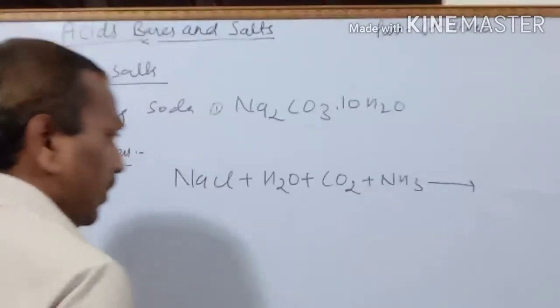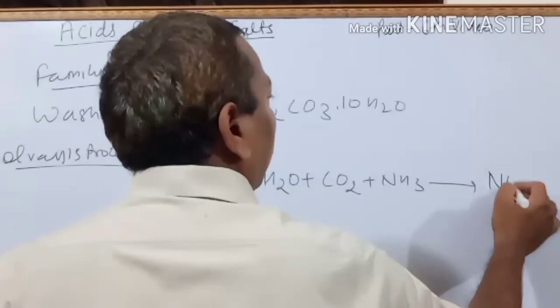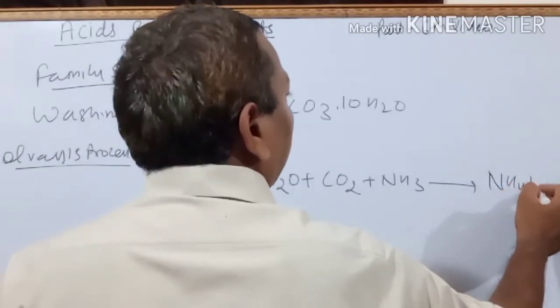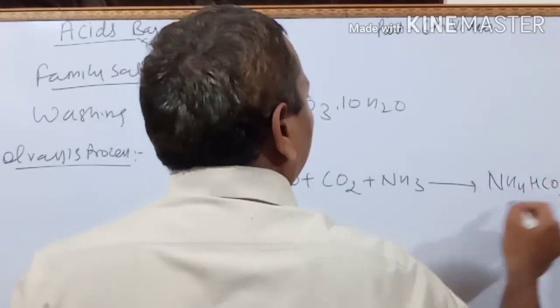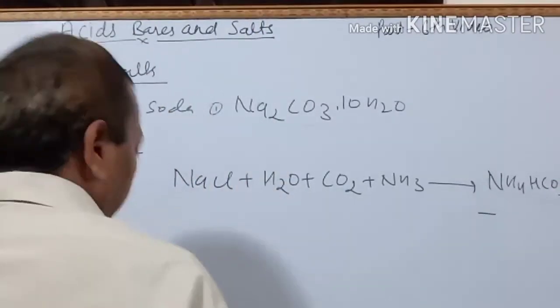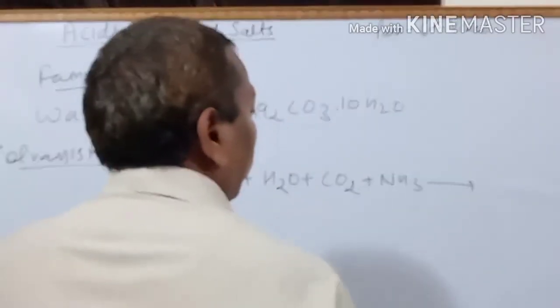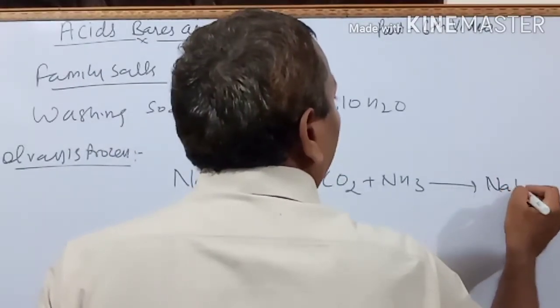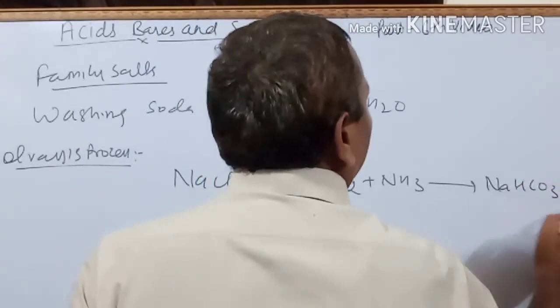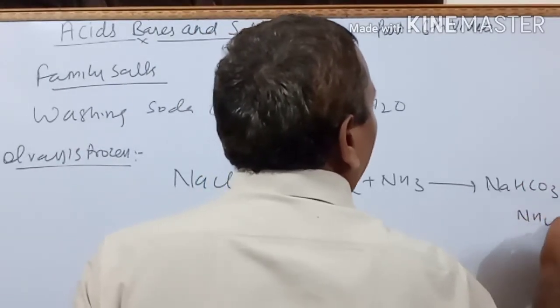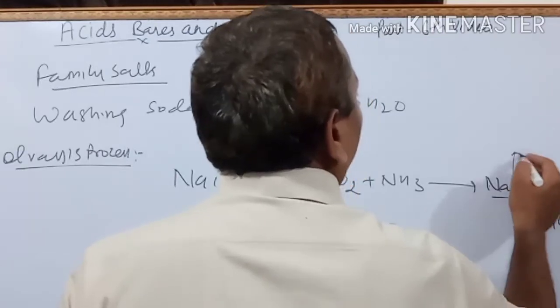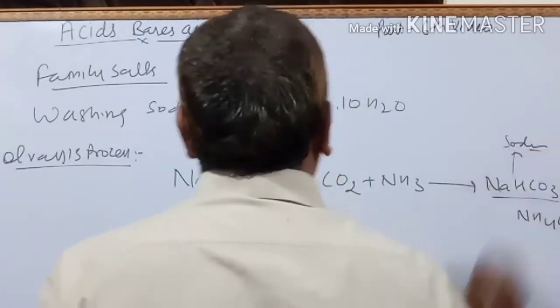It will form ammonium bicarbonate, then sodium bicarbonate, NaHCO3, plus ammonium chloride, NH4Cl. So sodium bicarbonate is formed.